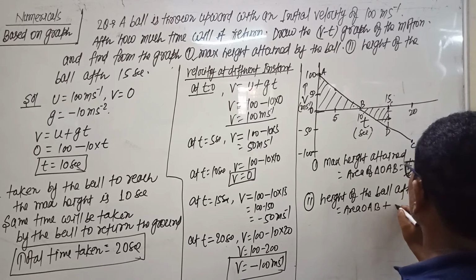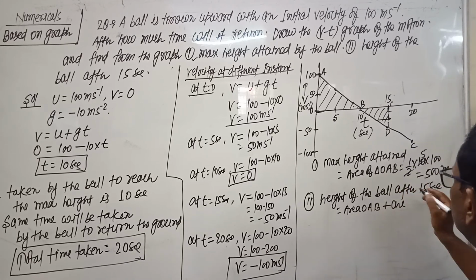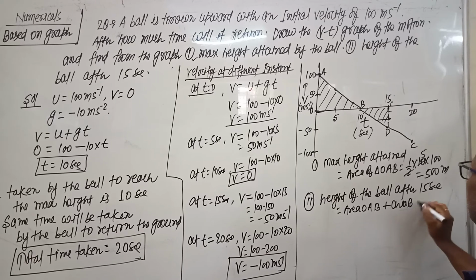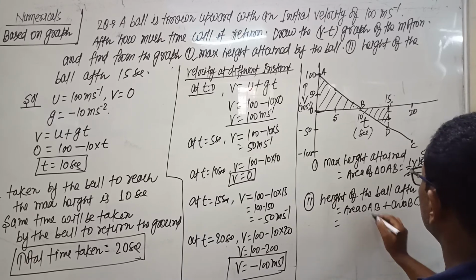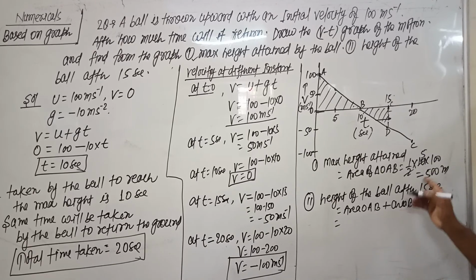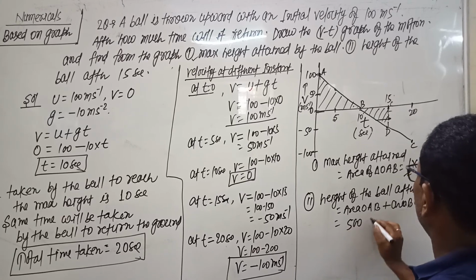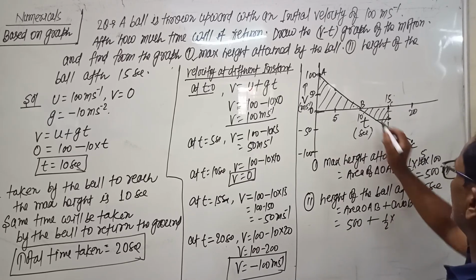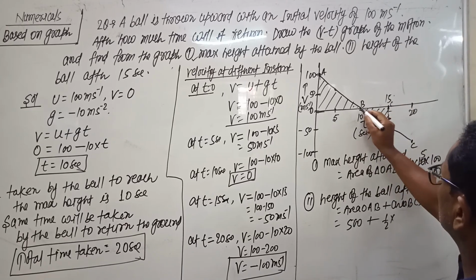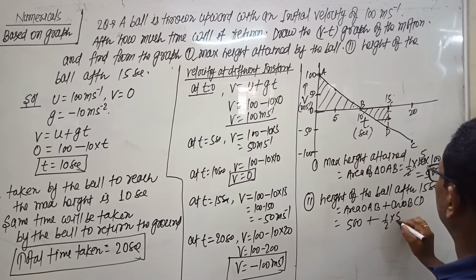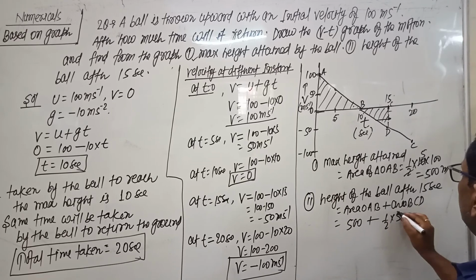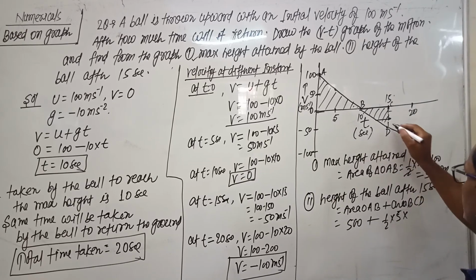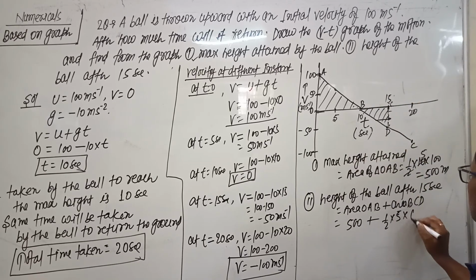Area OAB we have calculated as 500. Area BCD is again the area of a triangle, half into base into height. From 10 to 15 the interval is 5, and the height is minus 50.